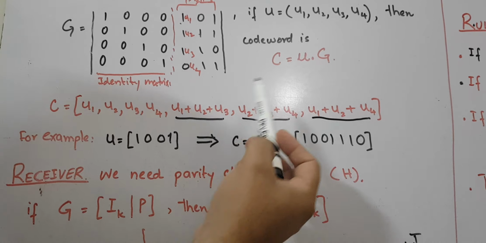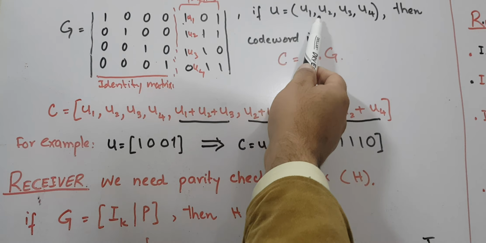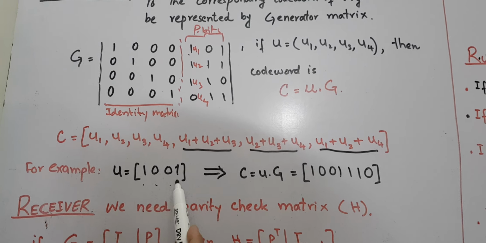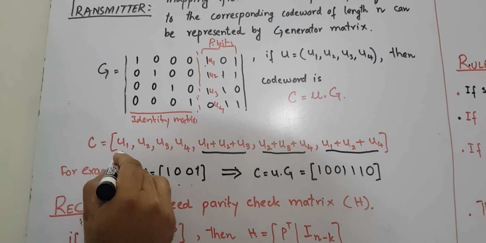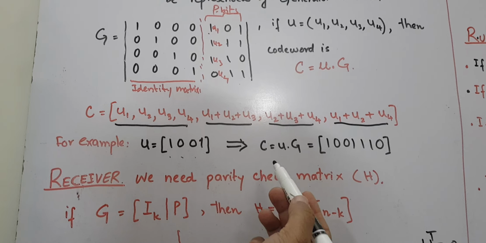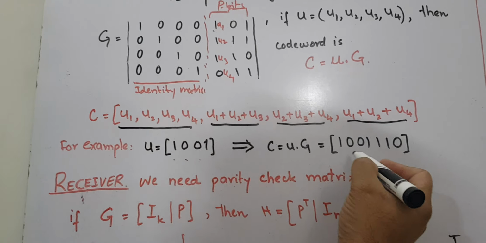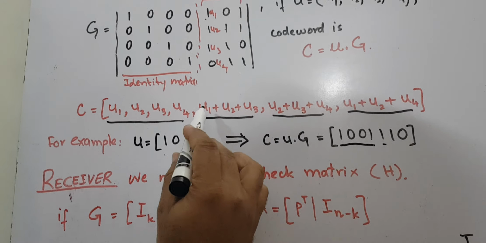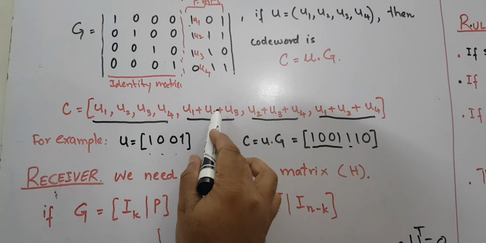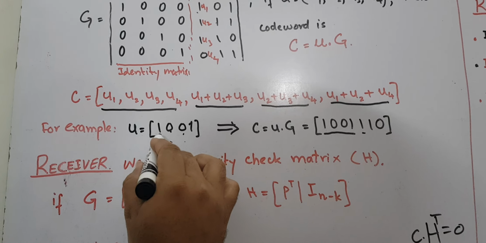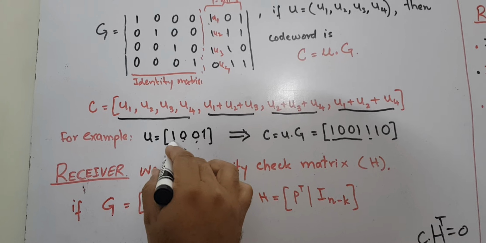For example, rather than using general bits, you can give the bits in this format: 1, 0, 0, 1. And from here you can see that your message appears in front of the code word, and the remaining are the parity bits. Here u1 plus u2 plus u3 is 1 plus 0 plus 0, and the answer is 1.